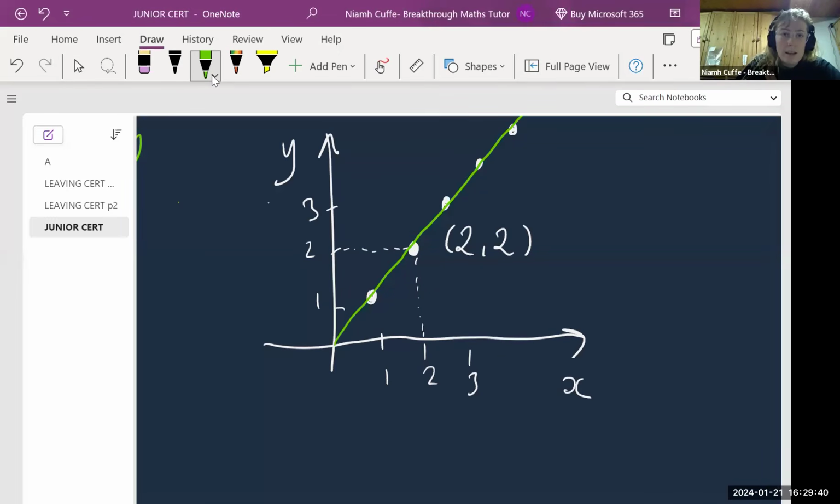So let's say it's risen 3, so we've gone up 3, 1, 2, 3. There's my rise. And my run, how much is it going to cross by going up 3? It's going to cross 1, 2, 3. And my run is 3.